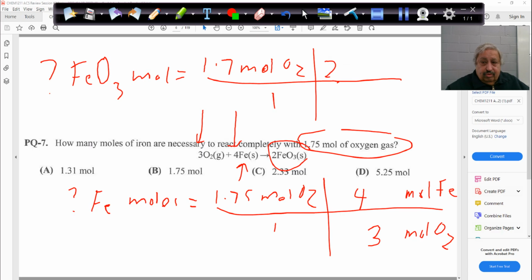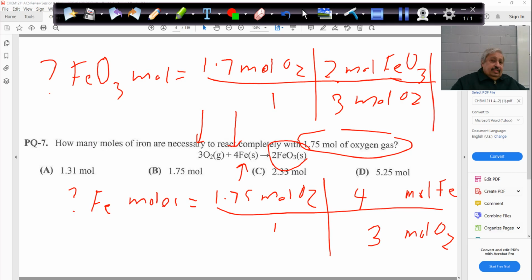You have 2 moles of iron(III) oxide to 3 moles of oxygen. So even for the product, you can calculate. It's not typical, but I show you that you can calculate even for the product itself. So how much is it? Where is the answer? 2.33, C. Okay, let's see if that's correct.